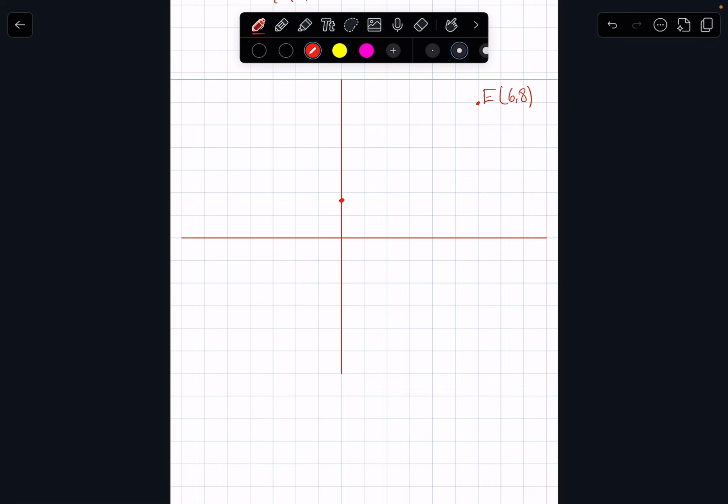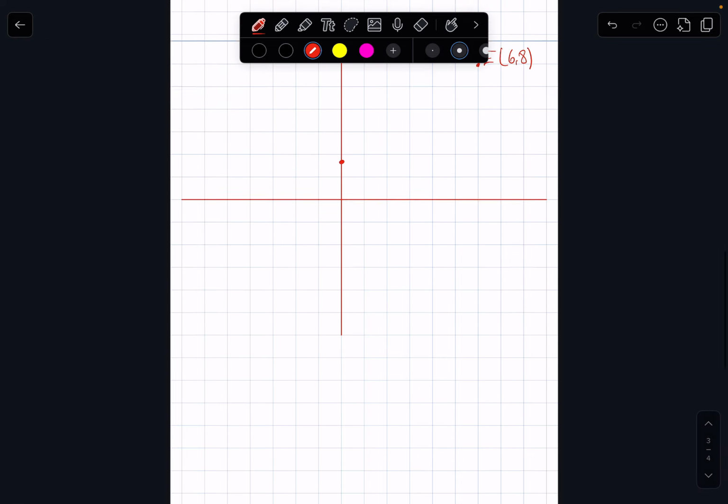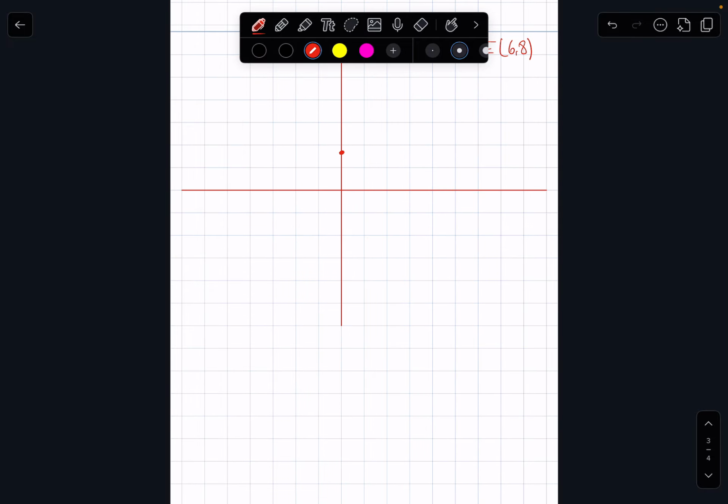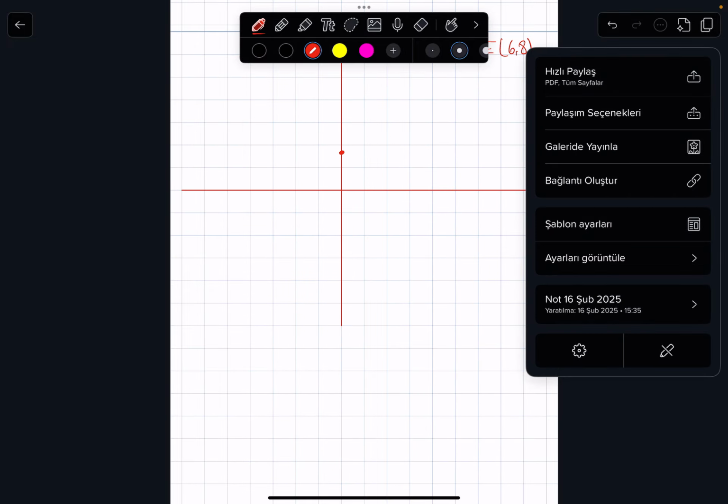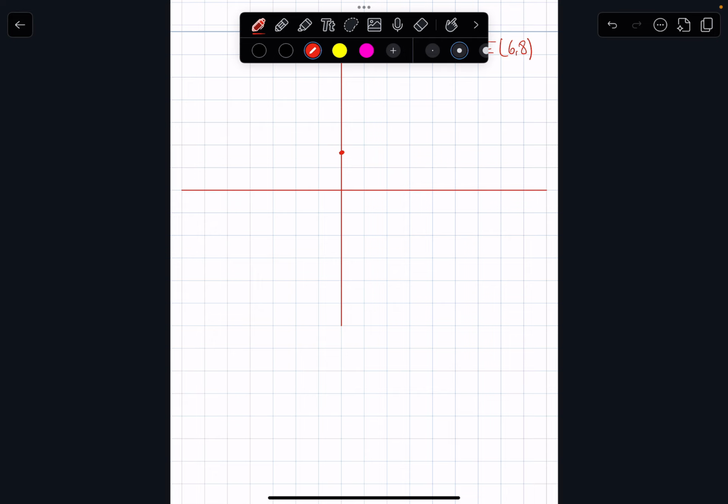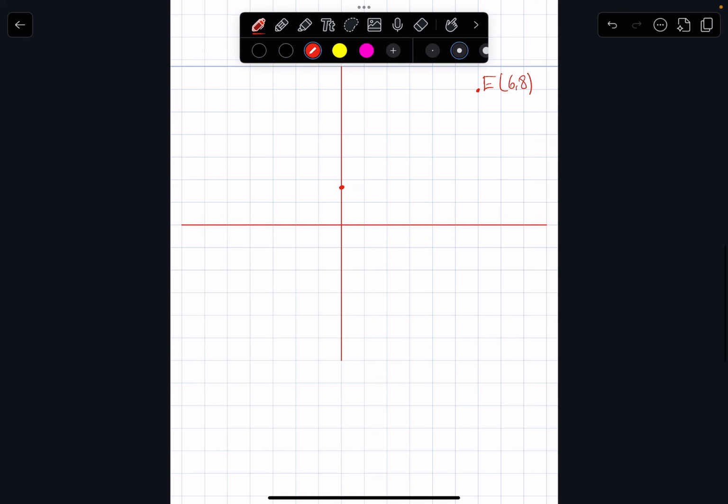Actually, let me just get rid of the grid maybe. How can I get rid of the grid? I'm not sure. Is it from here? No. Anyways, F 0 to 2. And here we will have D. Okay.